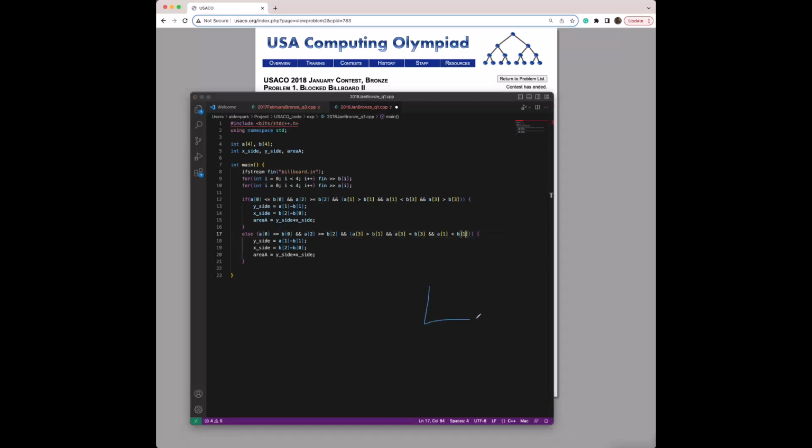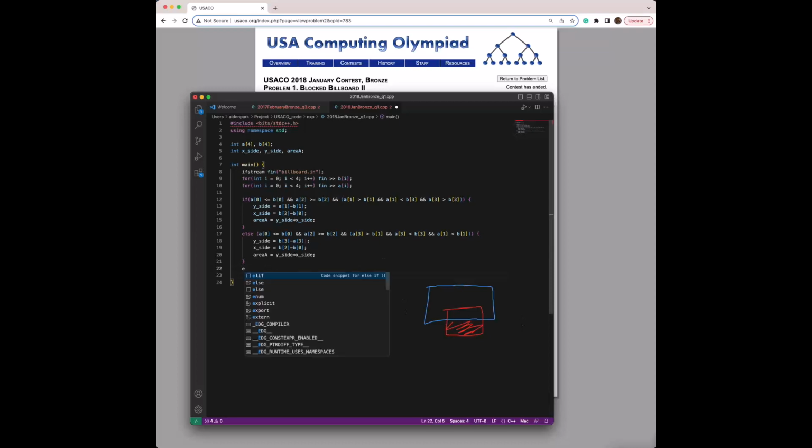Yeah, so this case we'll just have to find the area of here. So the only thing that changes is the y side, because the x side will just be here and here, as this is the x overlapping case.